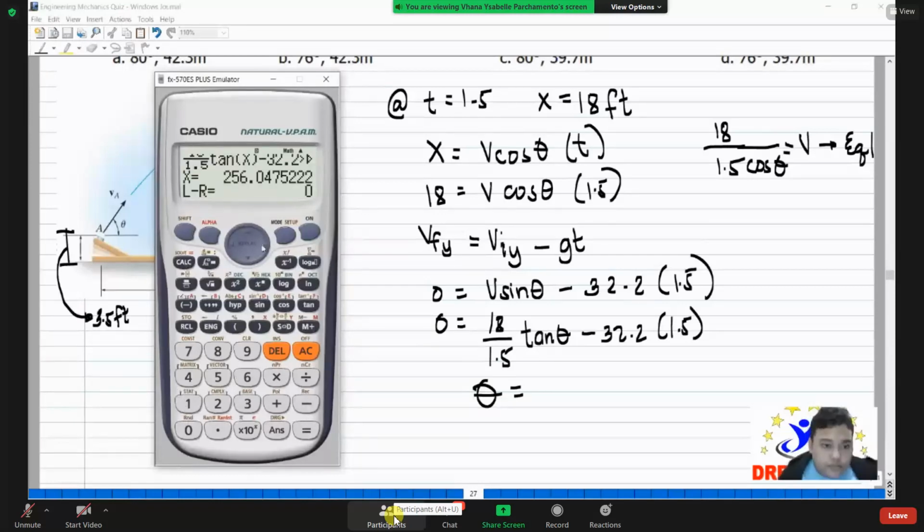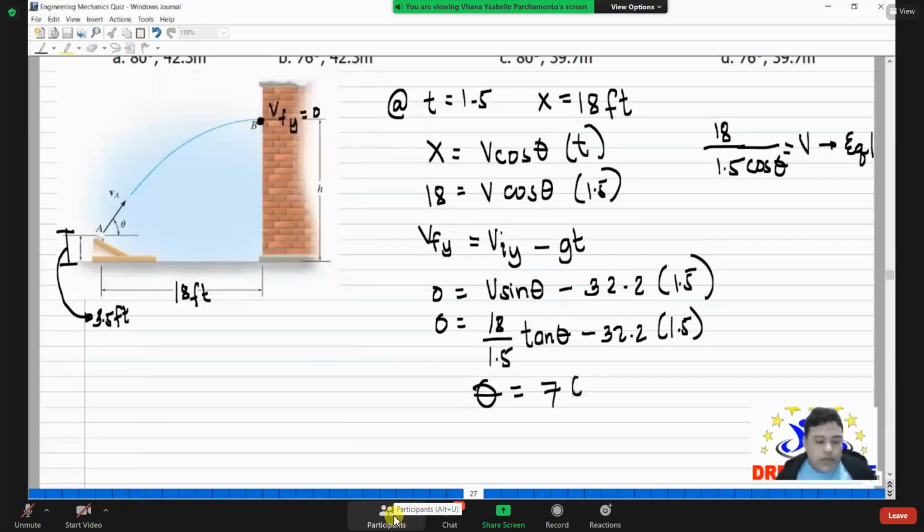So what is theta equal to? Tangent theta minus 32.2 times 1.5 equal to 0. Dapat acute angle lang: 76.047.